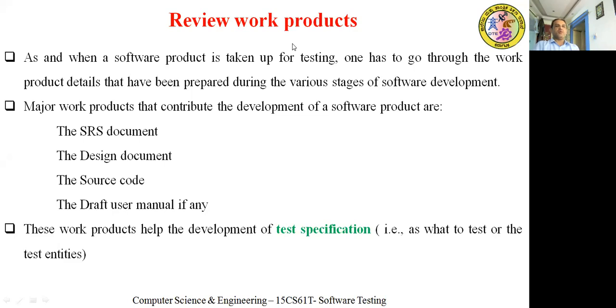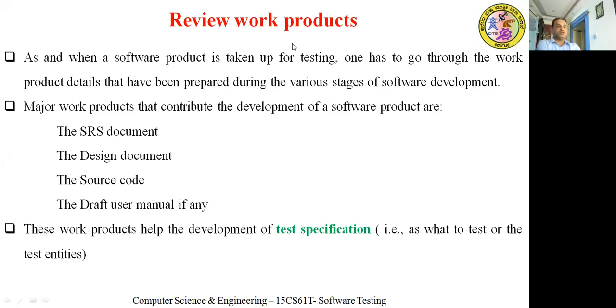So the major work products or various phases are there. The major work products that contribute to the development of a software product are the SRS document, that is the software requirement specification document, the design document, the source code, or the draft user manual. If you generate any manual, you need to check it.